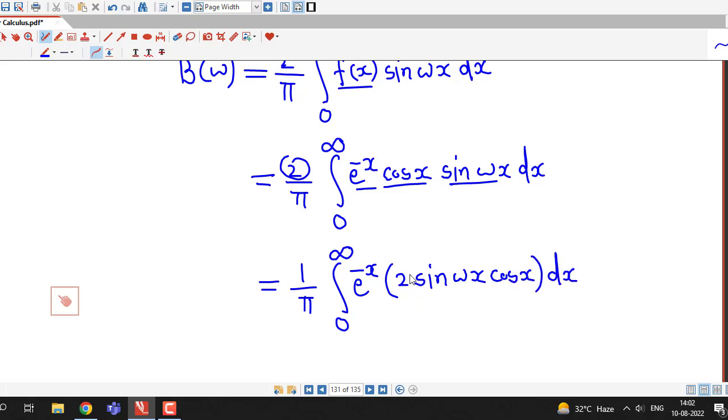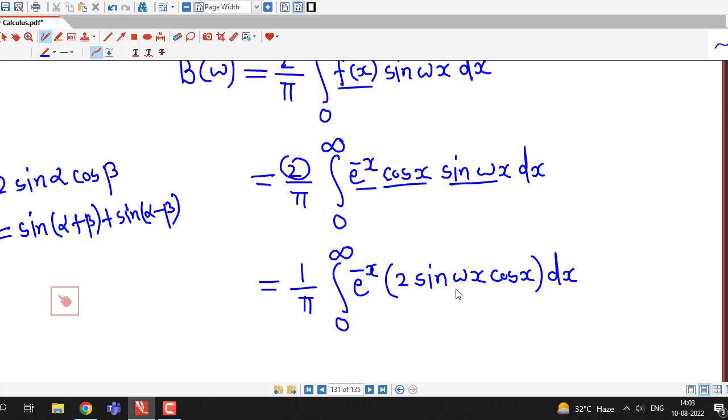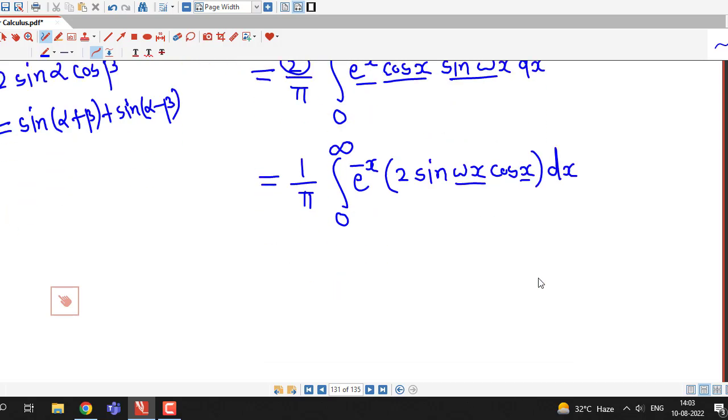So I am writing in this way because I want to use this formula: 2 sin alpha into cos beta equal to sine of alpha plus beta plus sine of alpha minus beta. So we use this formula with alpha equal to omega x and beta equal to x.